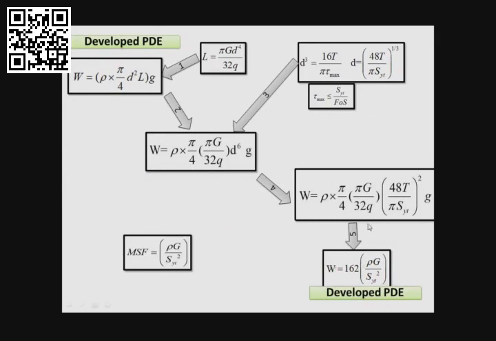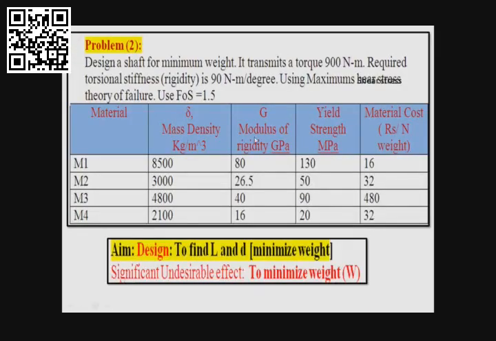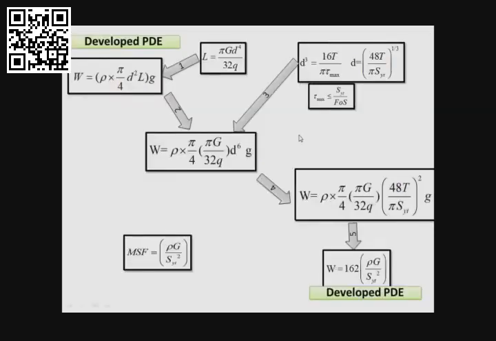Afterwards, substitute the values except material values. So pi by 4 is a constant, and substitute the value of q, whatever is given in the problem. The value of q given in the problem is 90 Newton meter per degree.